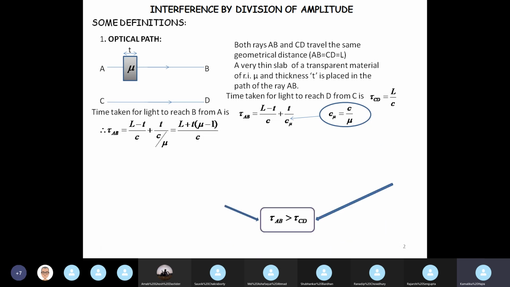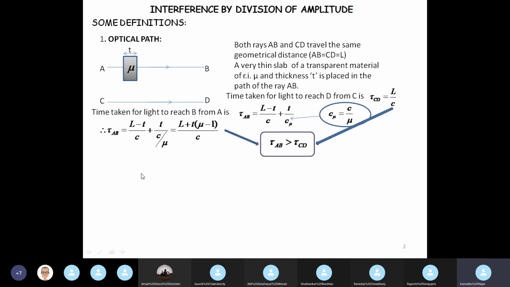Now what I want you to notice is that definitely tau AB is more than tau CD.